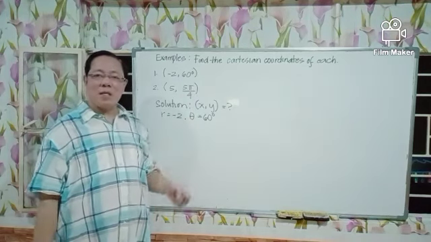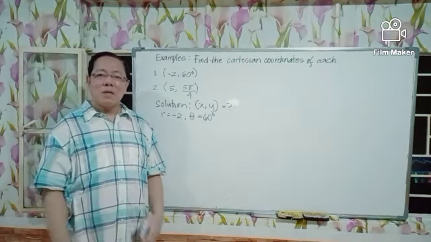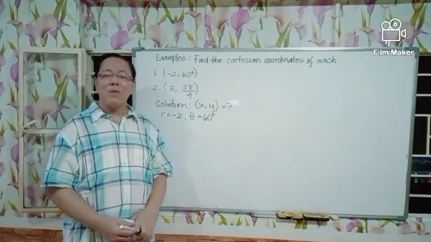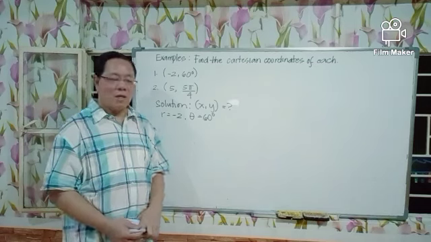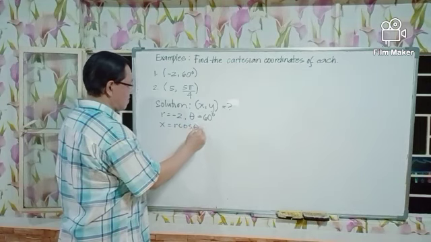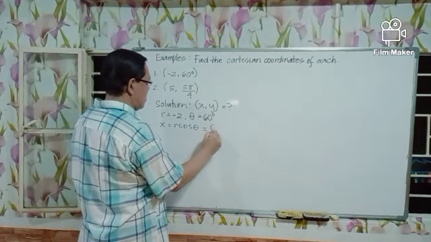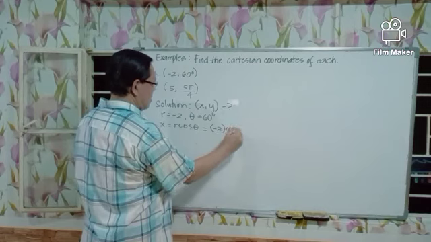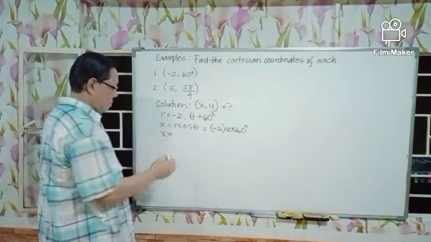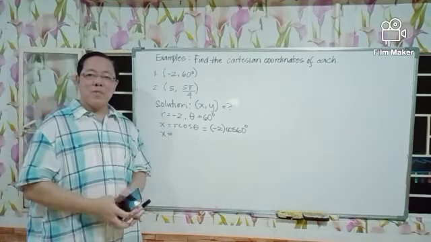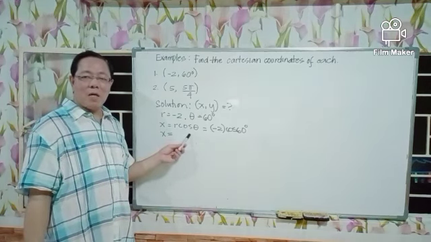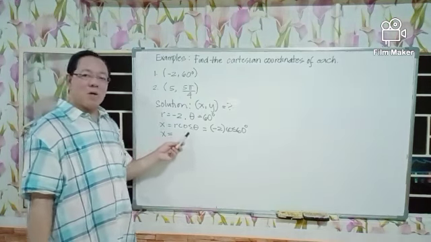And we start by finding x from the formula we obtained earlier using the cosine function. X is equal to r multiplied by cosine theta. From the formula we derived earlier using the cosine function of an acute angle theta, x is equal to r times cosine theta.